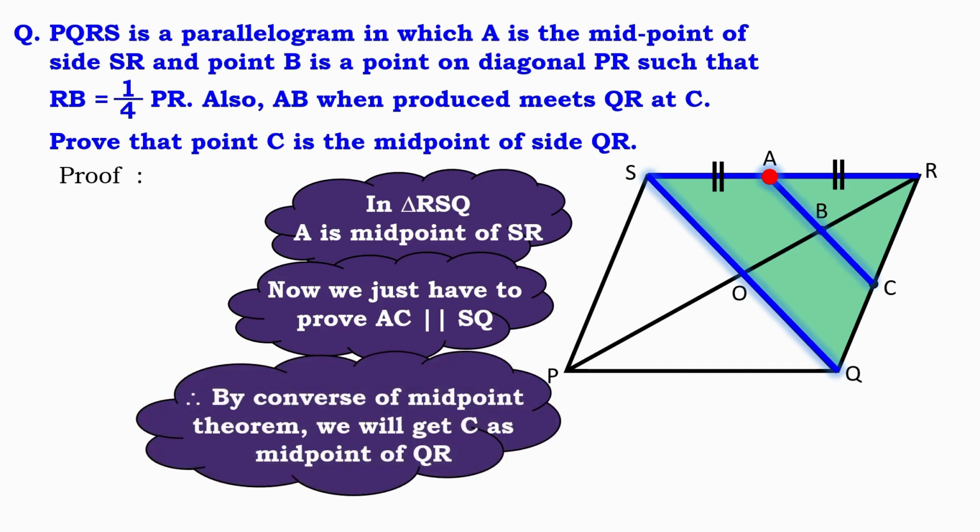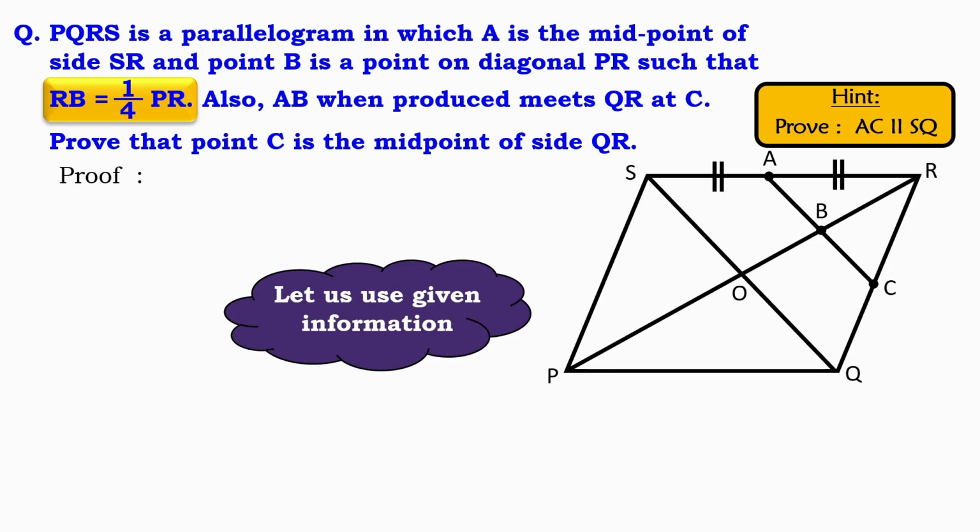So by the converse of the midpoint theorem, we will get C as the midpoint of QR. Now the hint is that we have to prove that AC is parallel to SQ. Let's see how we are going to prove it.